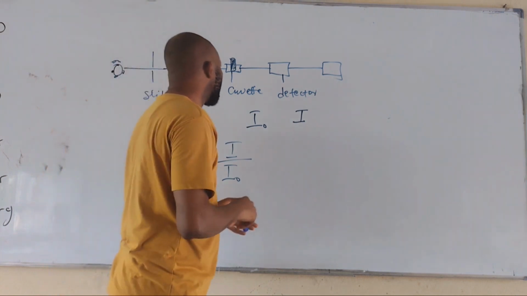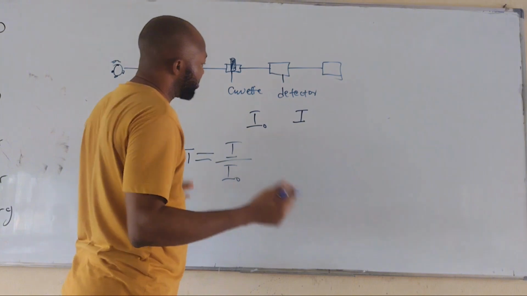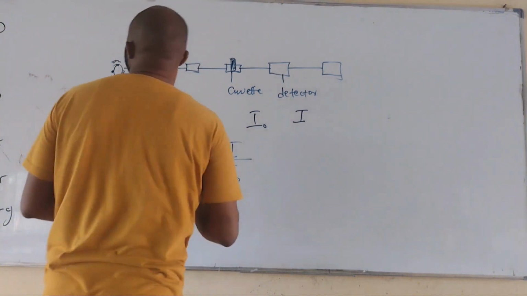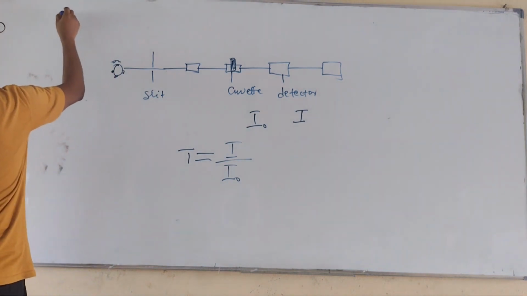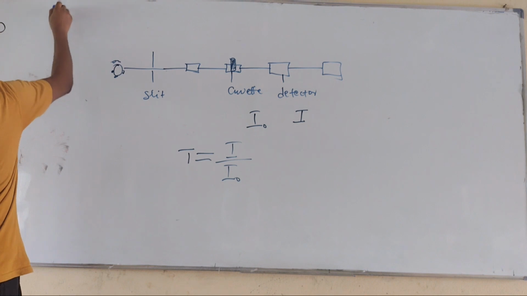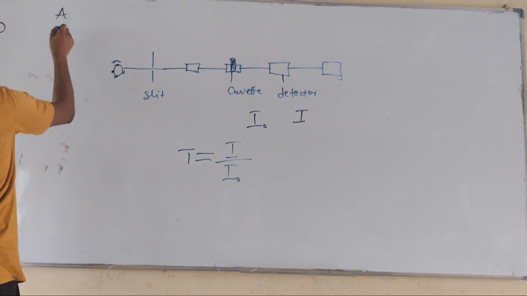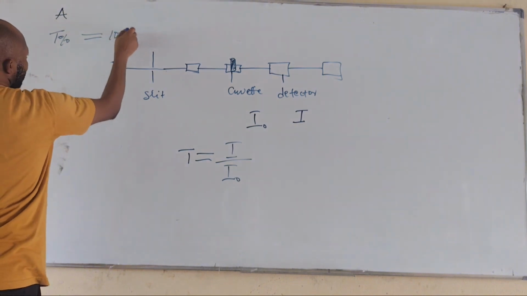Now, we also talked about the absorbance and many other things, which I'm going to put down. Let me be writing them here. We know that after this, we have absorbance, and we have percentage transmittance, for example, which is equal to 100T.